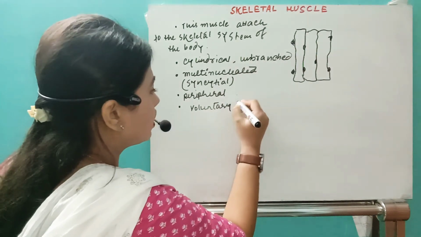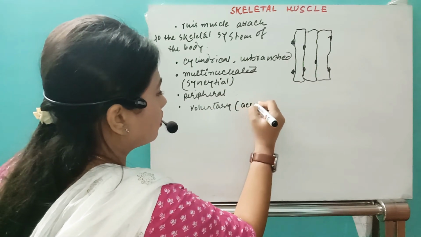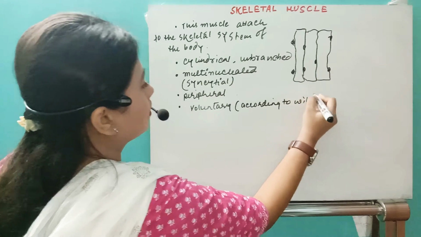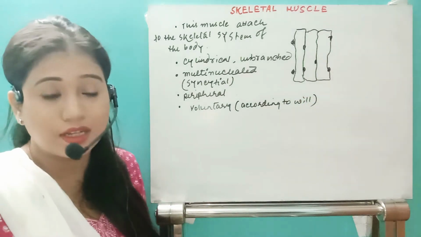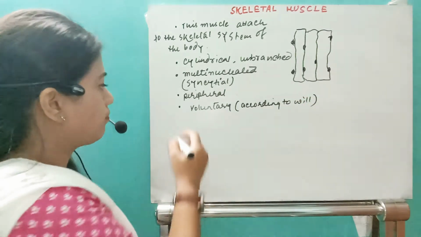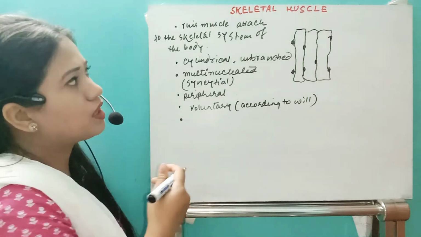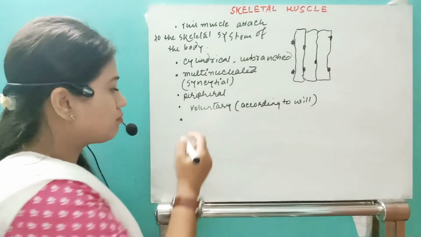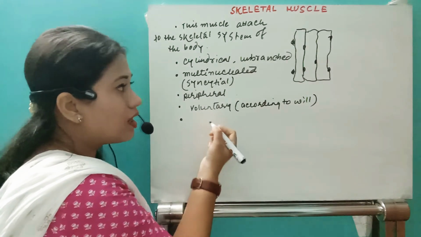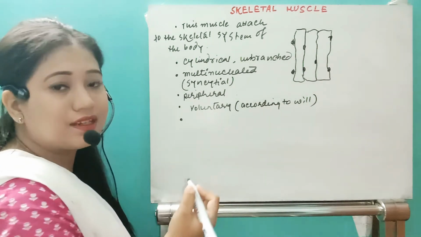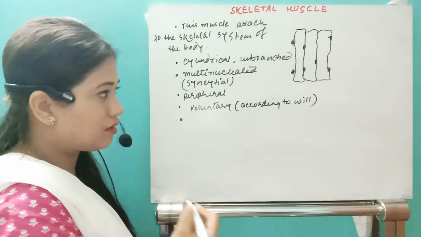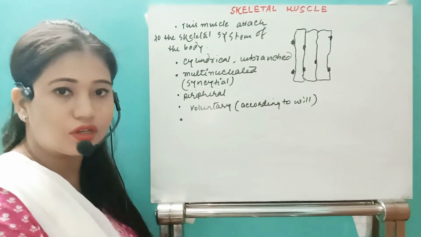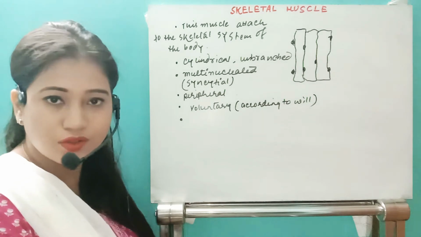Okay, it is voluntary and according to will, it is able to work, right? This is very much important. Now one thing is also very necessary to understand: the skeletal muscle can undergo fatigue very soon. That means after walking, suppose half an hour or 1 hour, according to your capacity, you can run for 2 hours also.